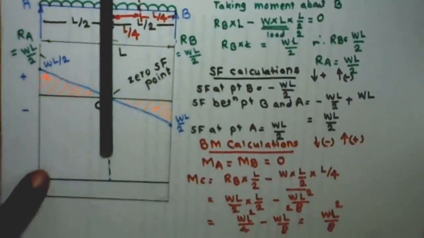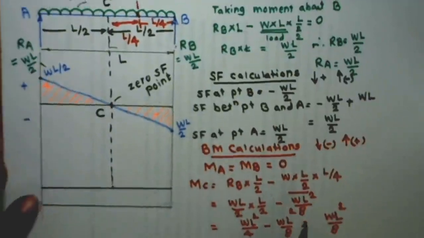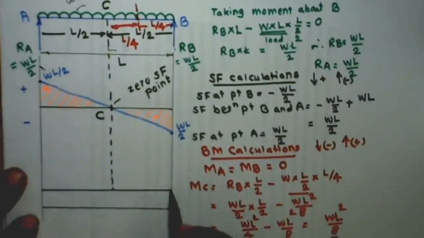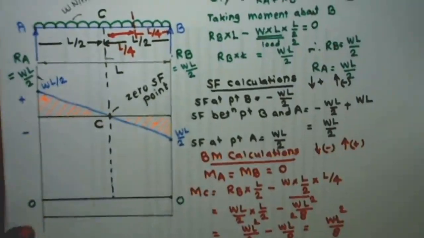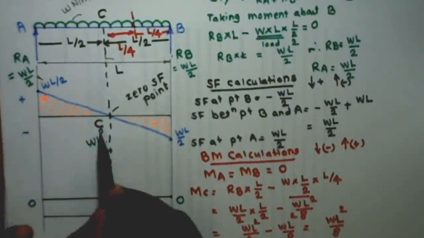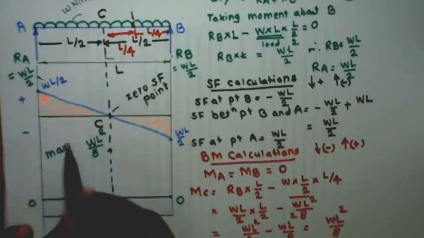So it means when the UDL is acting over the span, the maximum bending moment lies at the center, which is W L square by 8. At point B bending moment is 0, at point A bending moment is 0, and at point C it is W L square by 8, which is the maximum bending moment at the center.